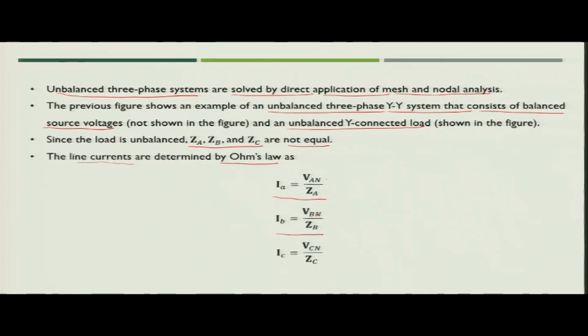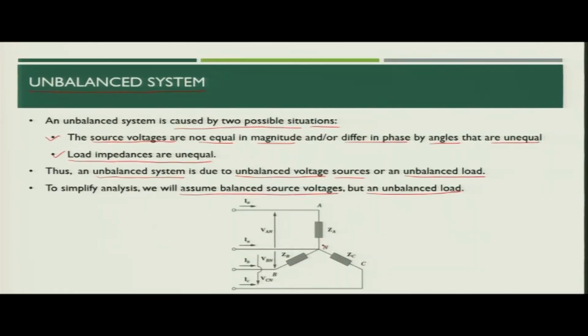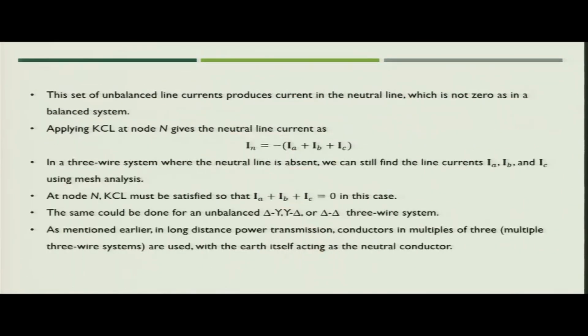Similarly, IB will be VBN by ZB and IC will be VCN by ZC. VAN, VBN, VCN are the voltages across the individual impedances of the phases.